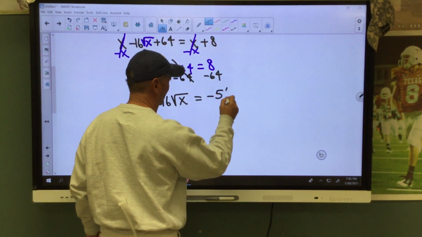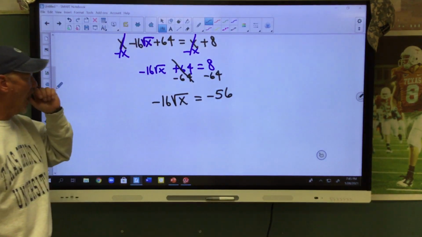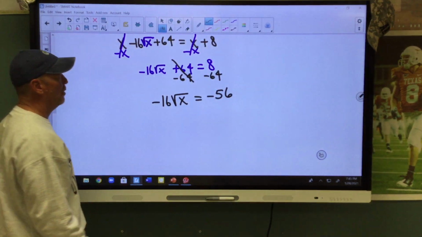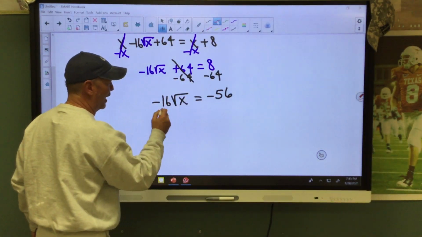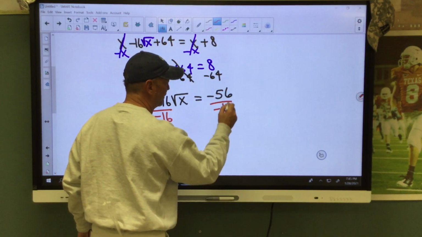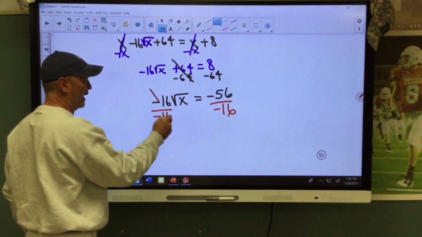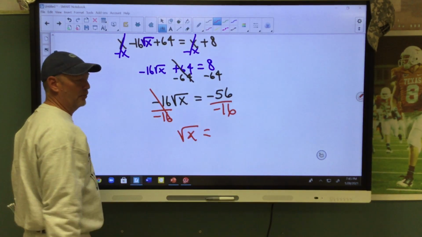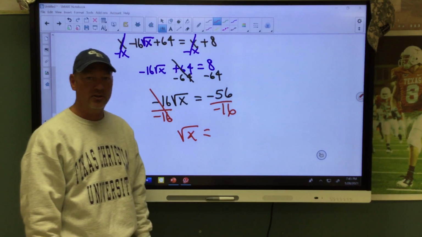I don't know what I was thinking. Okay, negative 56. Almost. Okay, so now on this problem, we're going to divide by negative 16. This is going to cancel. I get the square root of x equals, and we're going to try to reduce our fraction.